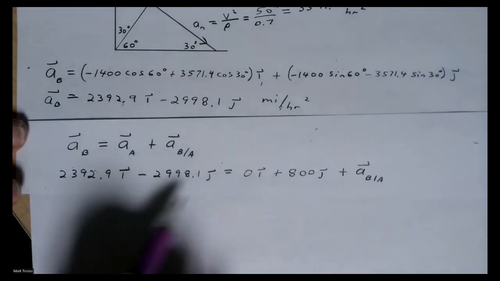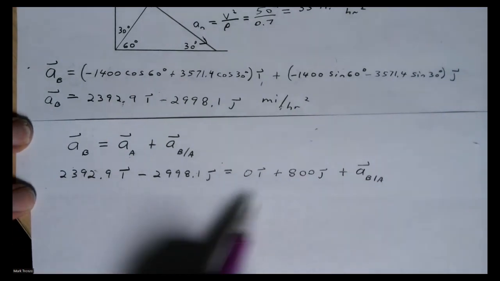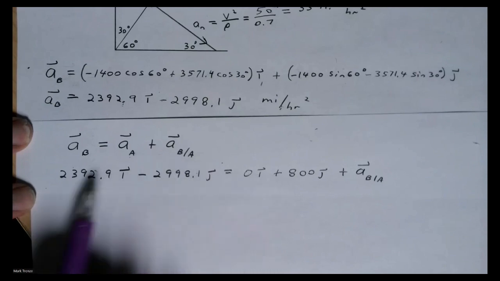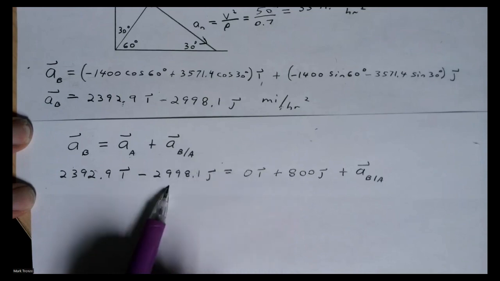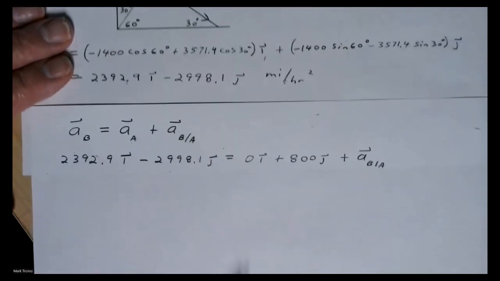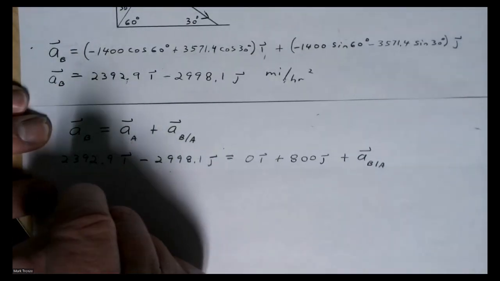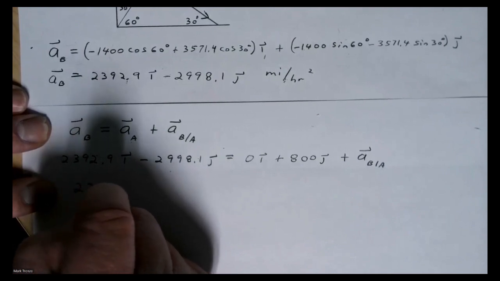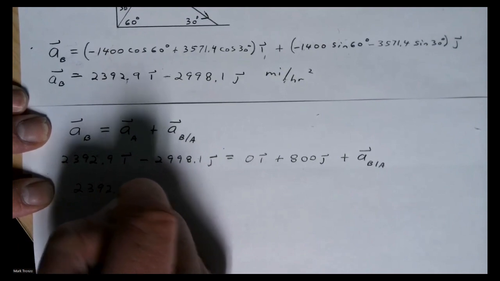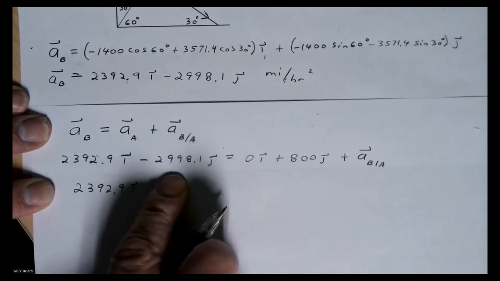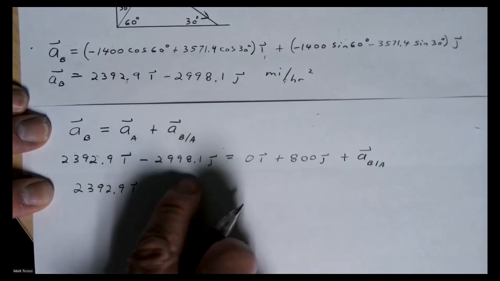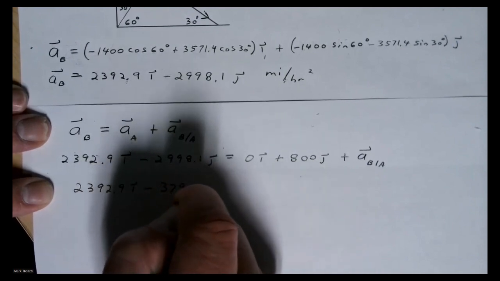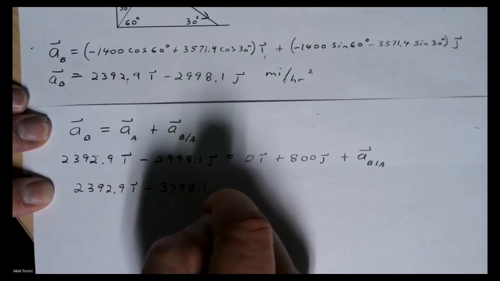And then let's solve for this. So this is 0, so it's not going to be anything. And then let's bring this to the other side. So the i is not going to be affected. And then we're going to subtract the 800 over here, minus 3798.1 j.